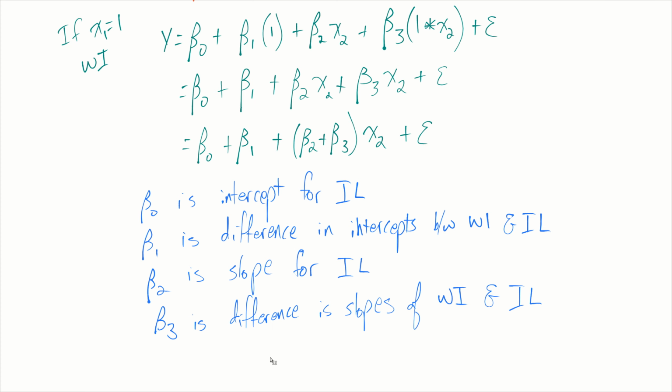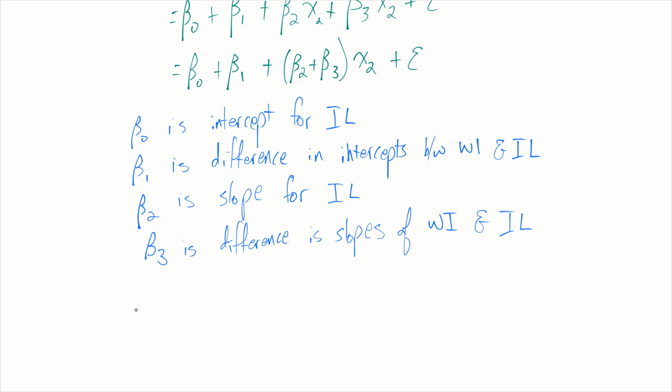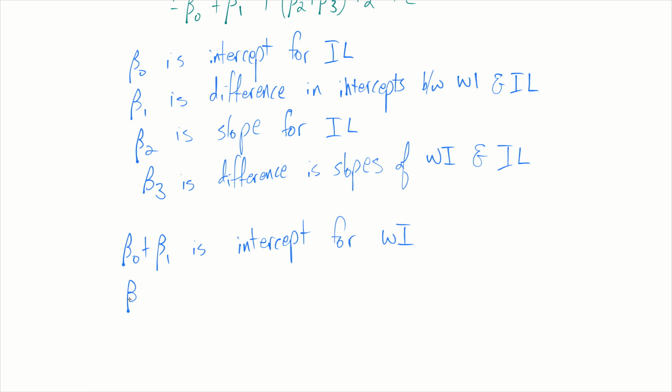So putting this together, beta naught plus beta 1 is the intercept for Wisconsin, and beta 2 plus beta 3 is the slope for Wisconsin.